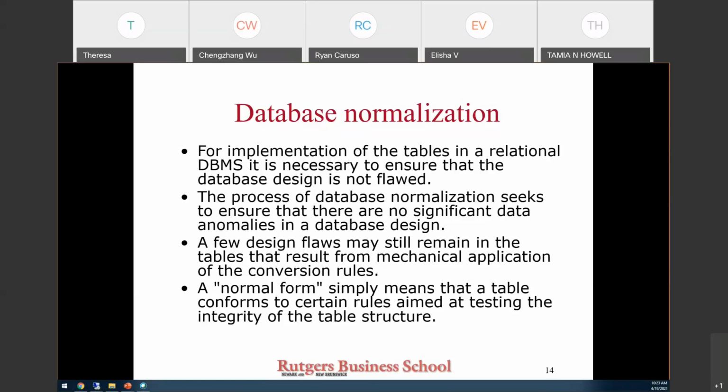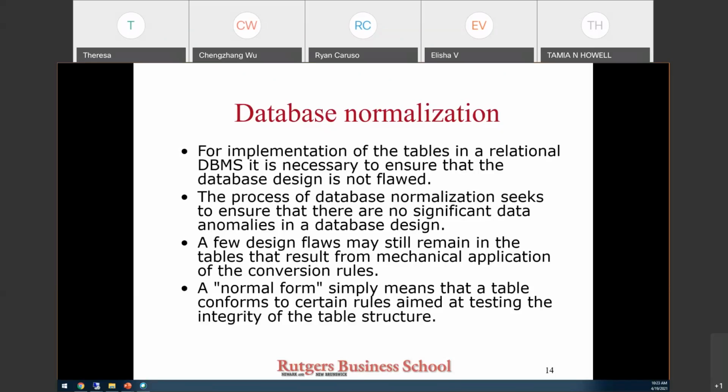Applications of rules describes the conversion rules of the ER model to tables. Well, if you apply these rules, in most cases, the resulting tables are already in the third normal form.